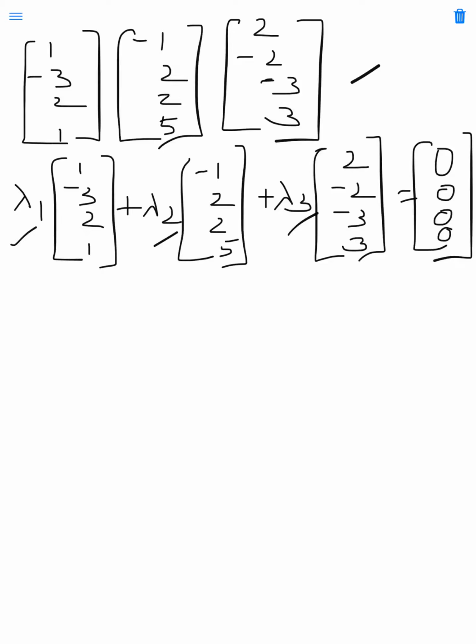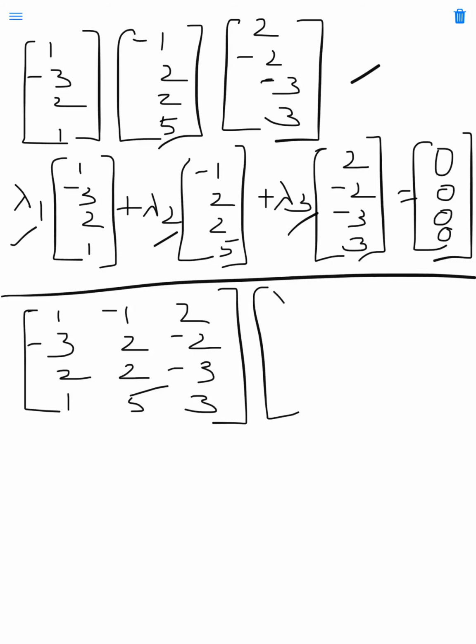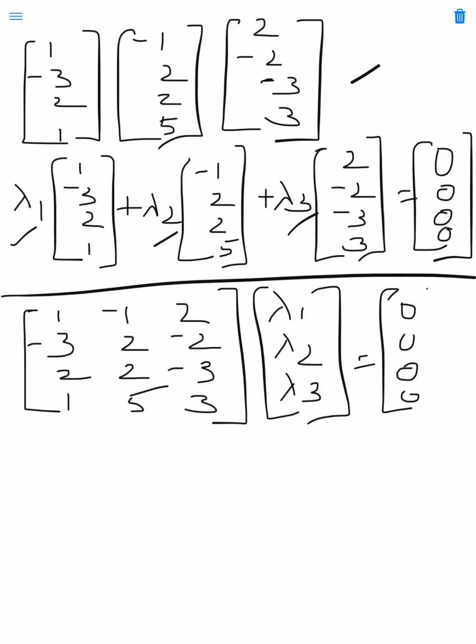So for that you can write this linear combination in matrix form, combining all those vectors: 1 minus 3 2 1, minus 1 2 2 5, 2 minus 2 minus 3 3, times lambda 1 lambda 2 lambda 3, equal to the 0 vector. Okay, so from this you need to find the value for those unknown variables.